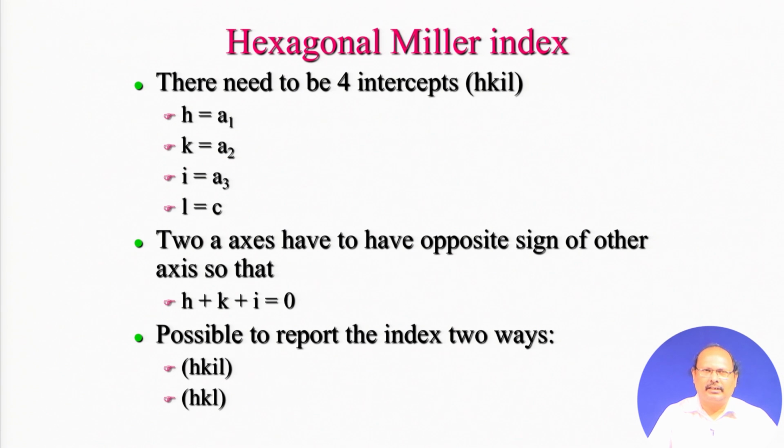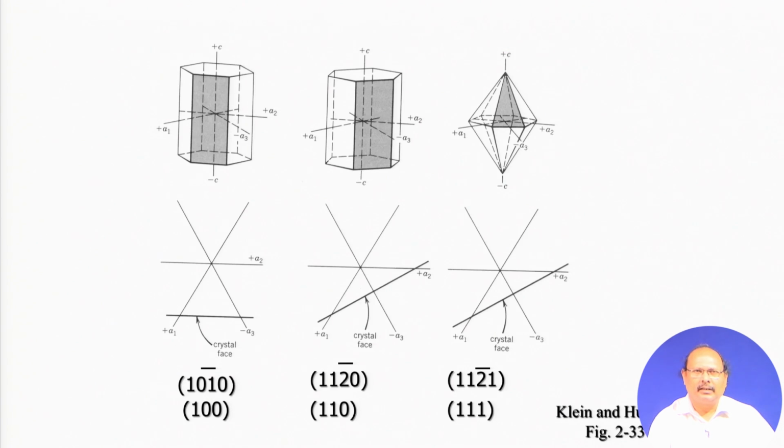Because of this restriction, this condition is satisfied: H plus K plus I is equal to 0. For any symbol HKIL, H plus K plus I should be 0 for a hexagonal or trigonal crystal system. This is shown very nicely with this diagram here.